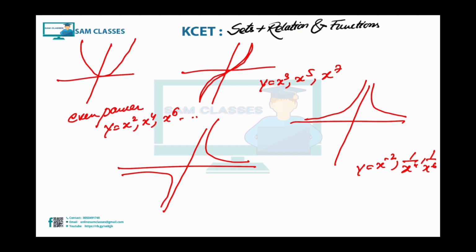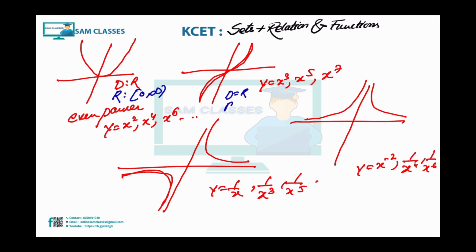One branch will come in the positive quadrant and one in the negative quadrant, for negative powers like y equals 1 by x, the reciprocal function, 1 by x cube, 1 by x power 5. Now what about the range and domain? You can see the domain is all real numbers, and the range is all positive values, so 0 to infinity. If you see here, the domain is also R, and the range is also R.